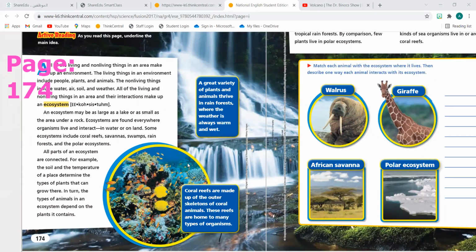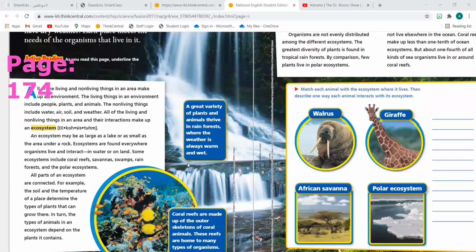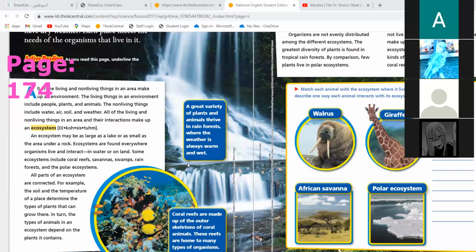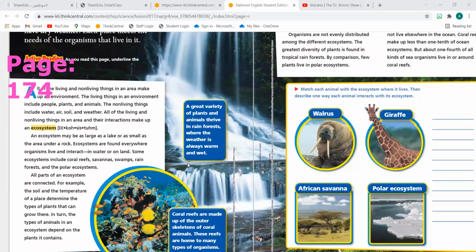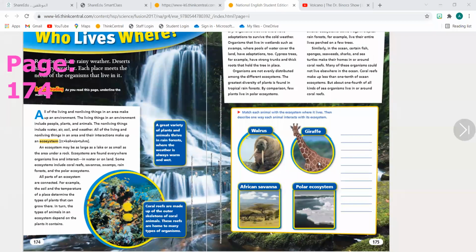Also, we know that a great variety of plants and animals thrive in the rainforest. What do I mean? I mean that they live in the rainforest and they interact together, and they need each other. They live in the rainforest where the weather is always warm and wet. So, all the living things that live in the rainforest, they like the system or the environment over there.